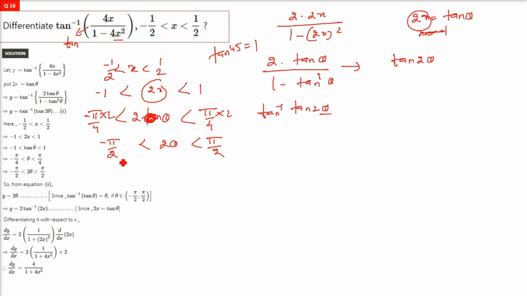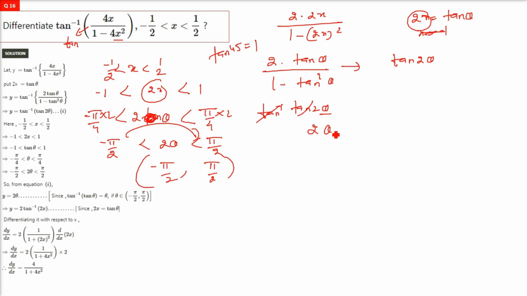So if we cancel this tan inverse, the range is negative pi by 2 to pi by 2, and when you cancel tan inverse, you will get minus pi by 2 and pi by 2. So this is the range, and this range we already have, and it is not inside, but it is actually equal to it.